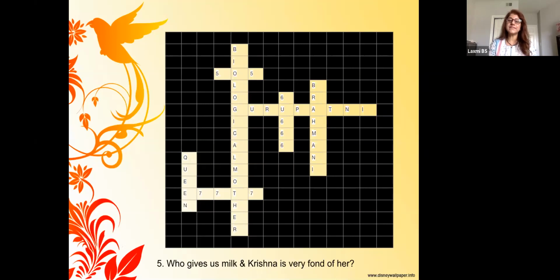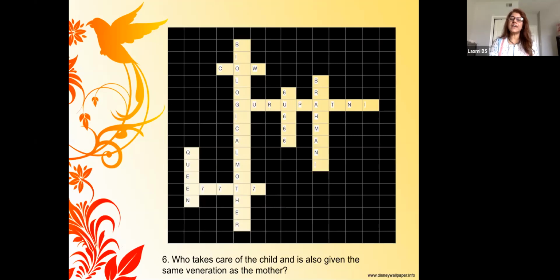Good job, kids. All right, the fifth one for today is, who gives us milk? It is cow. Awesome. The next one is, who takes care of the child and is also given the same veneration as a mother?